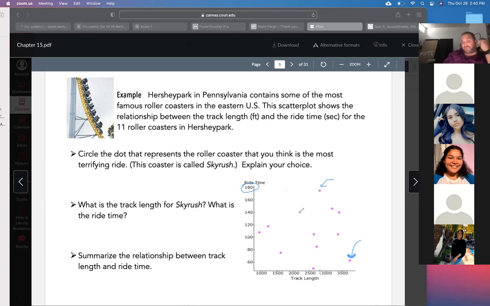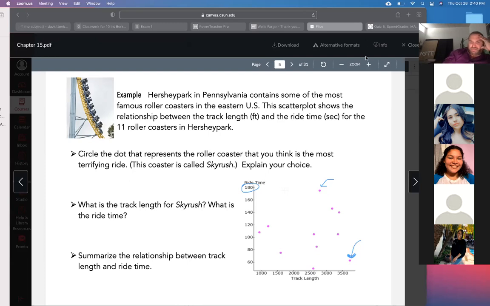No, that's a total time. That's the ride time. So that one takes 3 minutes to go a lot less distance than this one does. This one in a minute goes further than the other one does, right? So in 1/3 the time, it's going almost twice as far. That makes sense what I'm saying, right? Yeah.